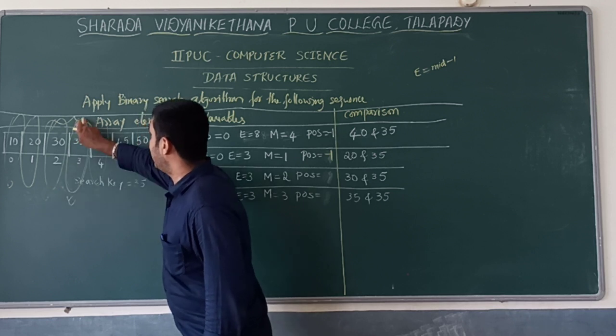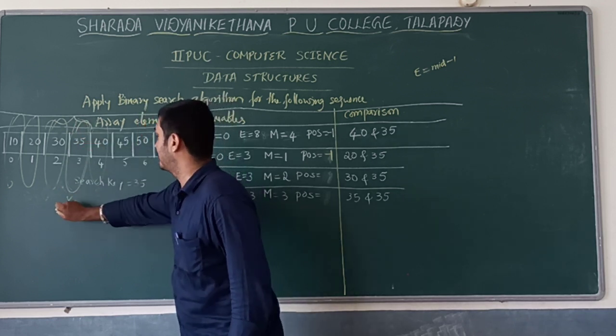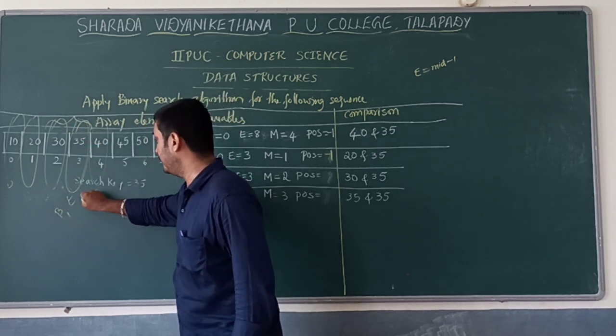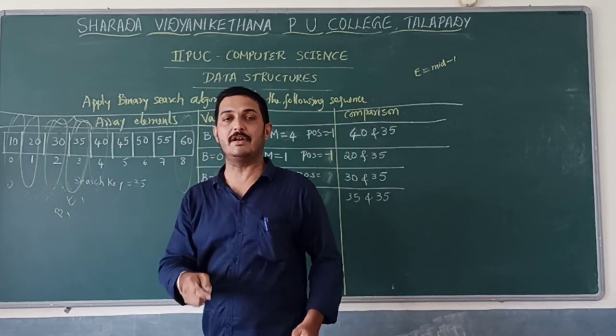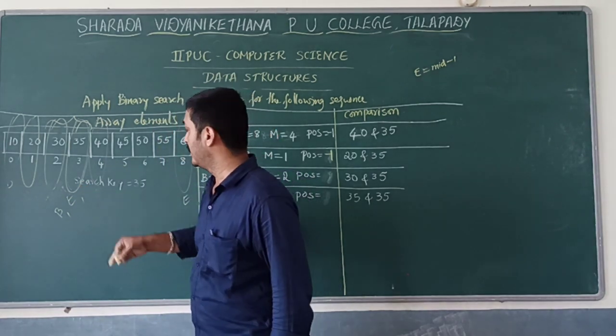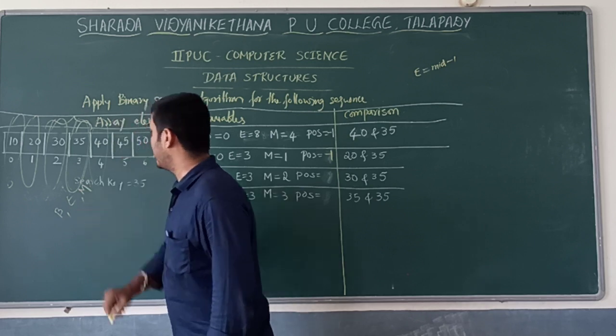So the same location is considered as beginning and end, and we calculate 3 plus 3 divided by 2 to relocate mid.